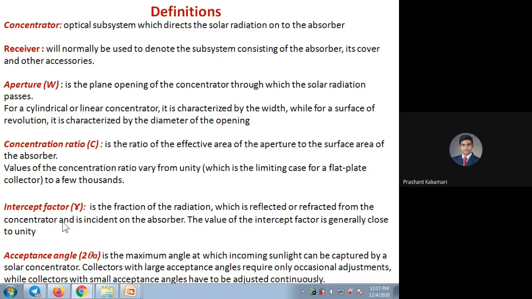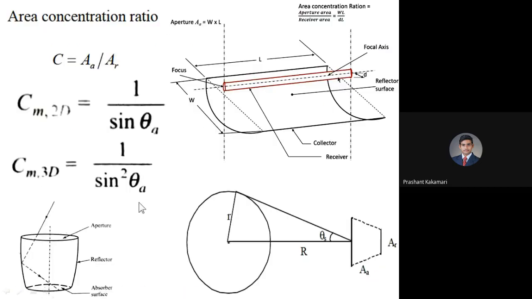So now, as I told you here in this example, in this opening of the aperture, W into L, whatever the solar radiations are falling, that is what we are going to consider as the total solar radiation falling on this area W into L. And in that, part of the solar radiations will be reflected or refracted back to the absorber.